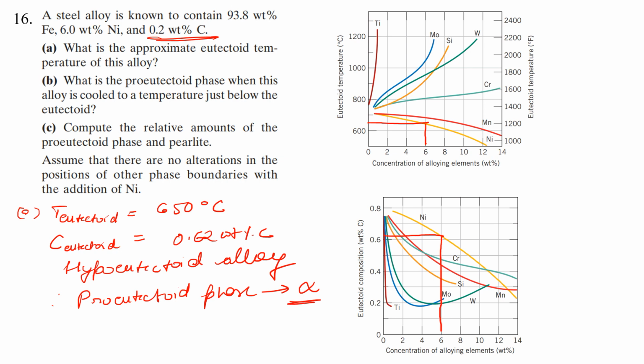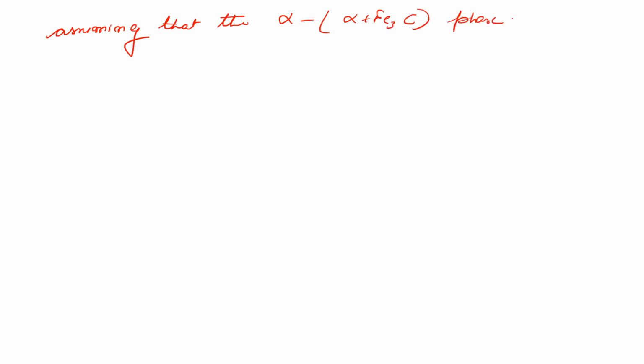Right? Great. So compute the relative amounts of the proeutectoid phase and pearlite. Assume that the alpha and alpha plus Fe3C phase boundary is at a negligible carbon concentration.